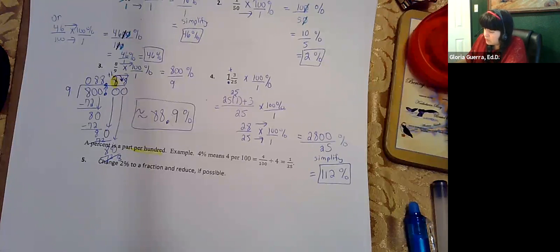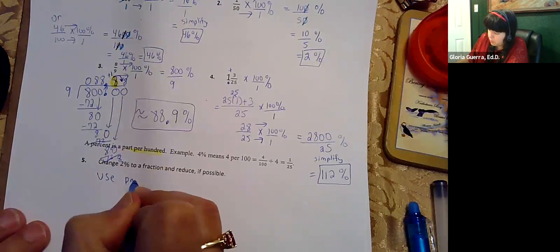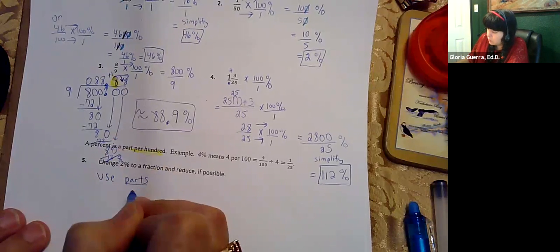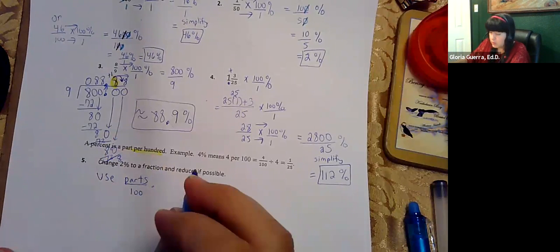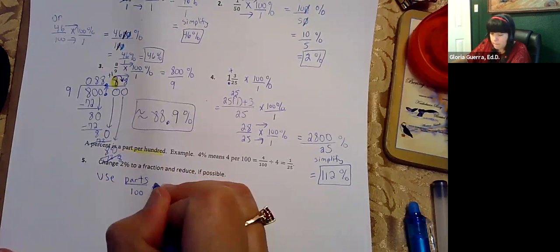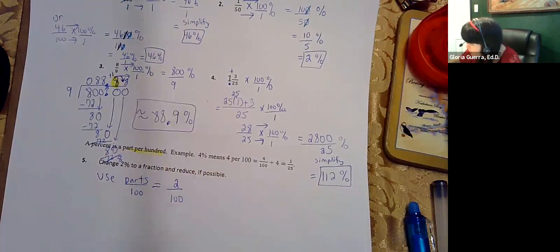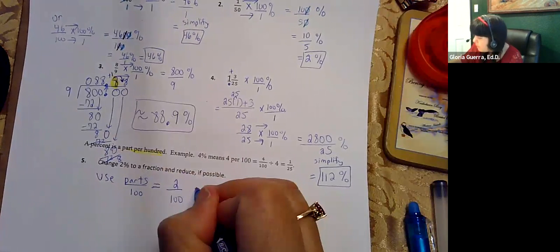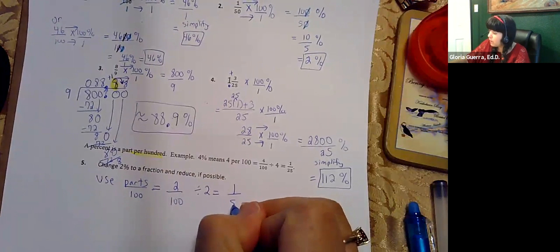So on number 5, we're going to use the idea of parts over 100. Your parts for this problem is 2. So you can do 2 over 100, and then that reduces by 2 to 1 over 50.